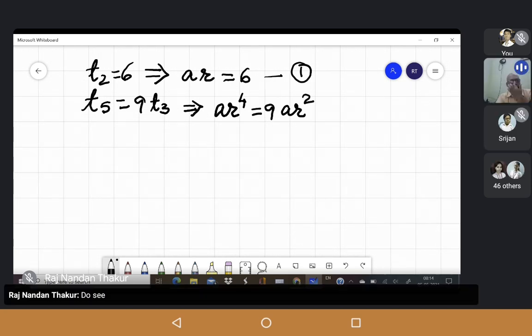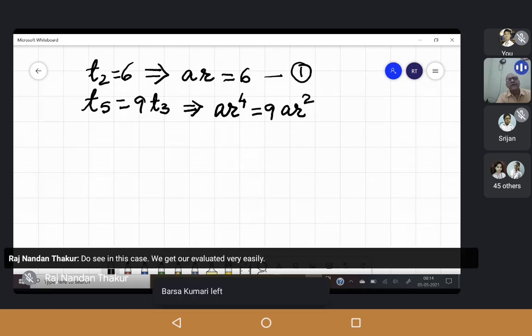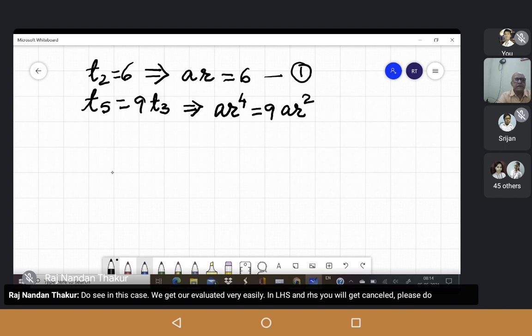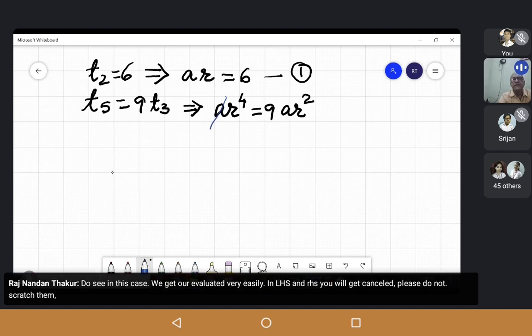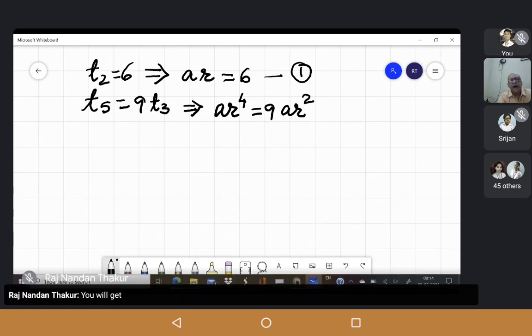See, in this case, we get R evaluated very easily. In LHS and RHS, A will get cancelled. Please do not scratch them like this. A will get cancelled. R to the power 4 is equal to 9 A R square.